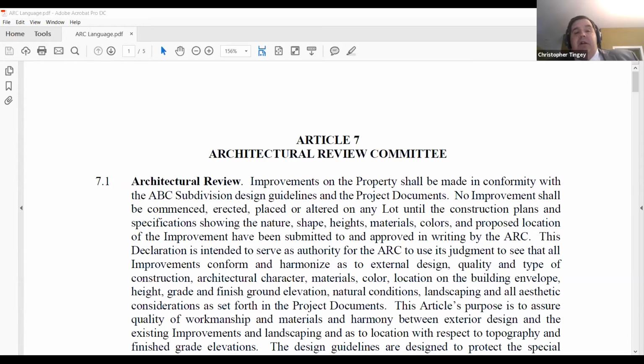I prefer that the ARC meet in person, and I'm also a fan of allowing the homeowner to be part of that discussion in person. But in these documents, that's not required. But I am a fan of that nonetheless because I think the owner ought to be able to see where the deliberation's going. I think the ARC decisions ought to be more of a collaborative process, and I recognize that takes time and it's difficult.